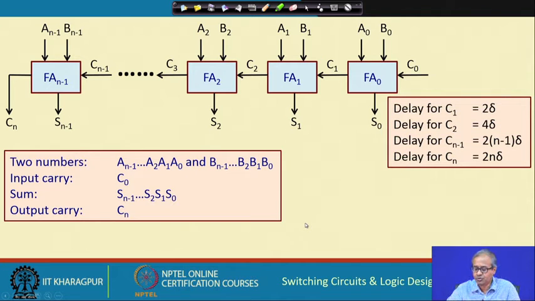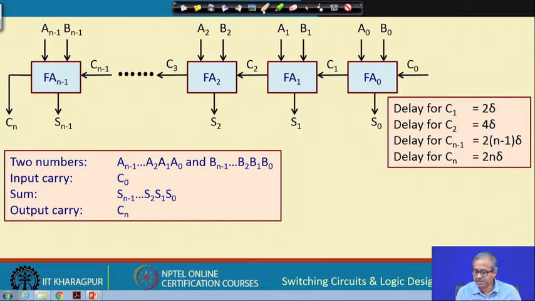Now, let us look at the delay calculation. First, look at the carries. You recall, for a full adder we had said the delay for a carry, that means the carry out, delay is twice delta, because there are some AND gates followed by an OR gate.